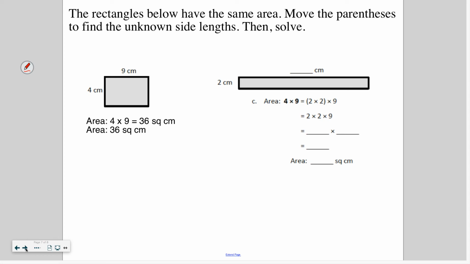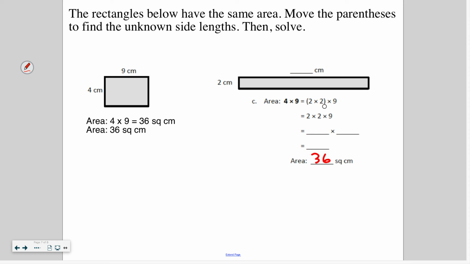All right, so I have the same rectangle that we started with, right? And this new rectangle. So I know this area is going to be 36 because it says the area is the same. What I don't know is the side lengths. Well, 4 times 9 can be 2 times 2 times 9, because 4 is the same thing as 2 times 2.